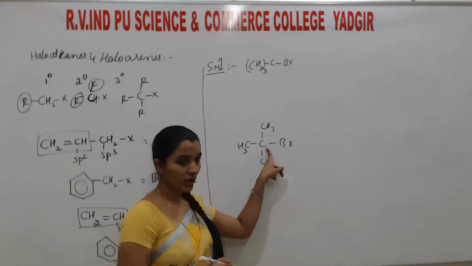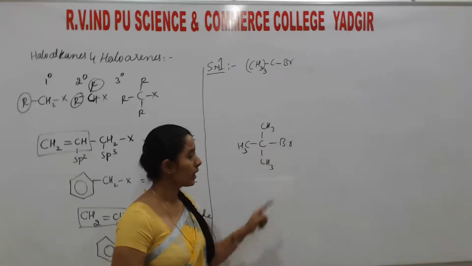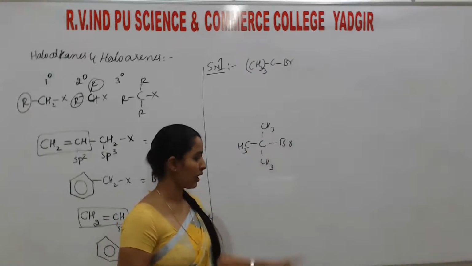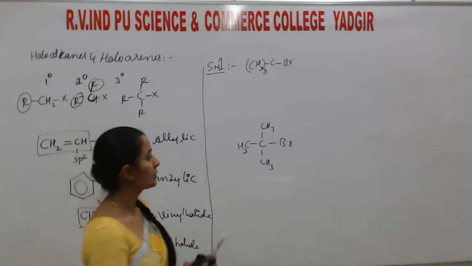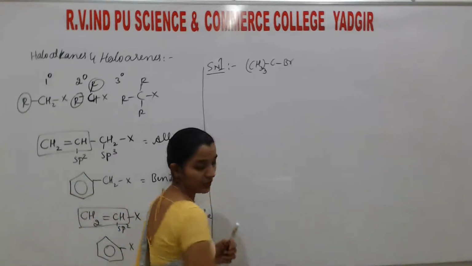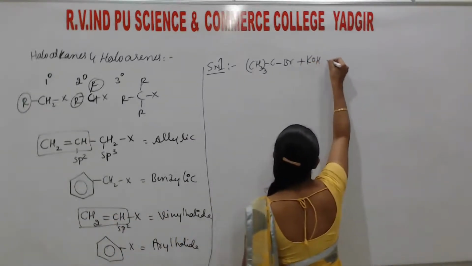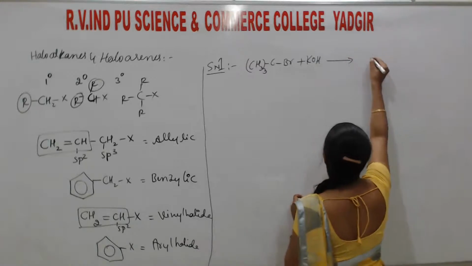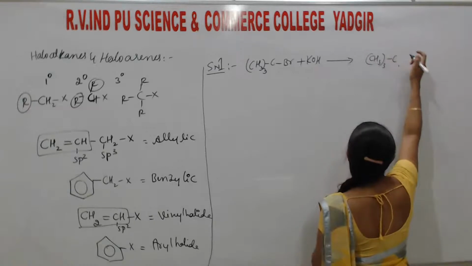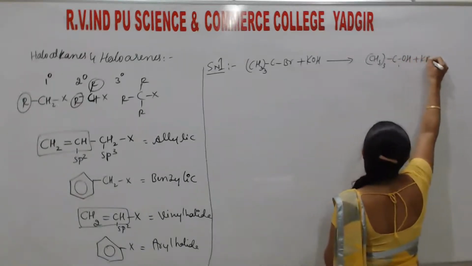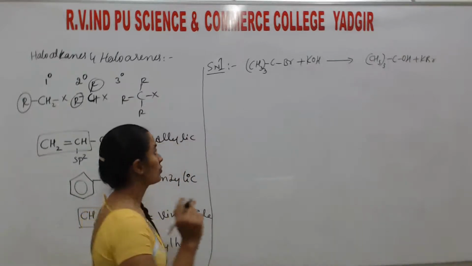The halogen is attached to the carbon atom that is further attached to three carbon atoms, three R groups, so that is tertiary; four carbon atoms are there, butyl, and it is bromide. Tertiary butyl bromide. Understand? When this reacts with any alkali, say KOH, it forms (CH3)3C-OH plus KBr. This is the main reaction, and it takes place in steps.